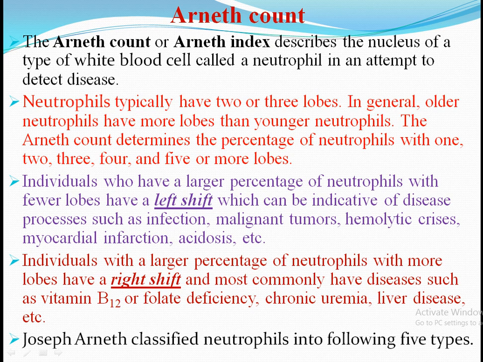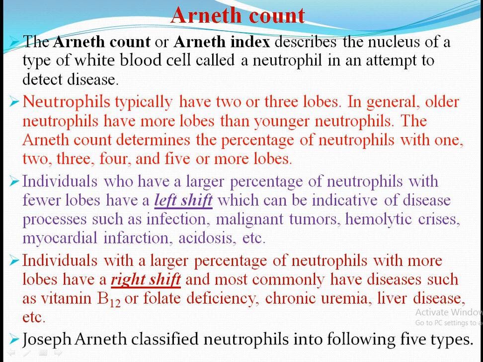the disease process. Actually, it is the developmental stages of the neutrophil depending upon the number of the lobes of its nucleus. I will tell you the details, but in short, the Arneth count is the developmental stages of the neutrophil.